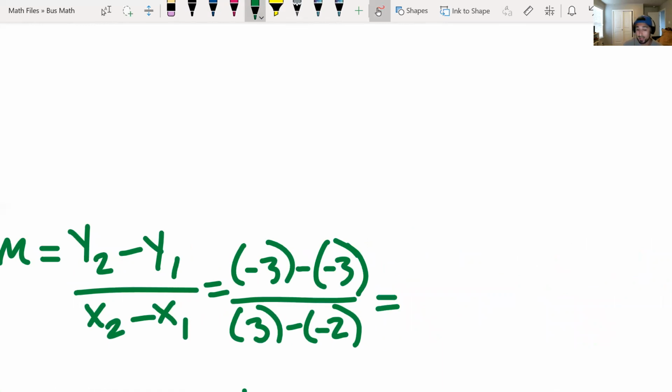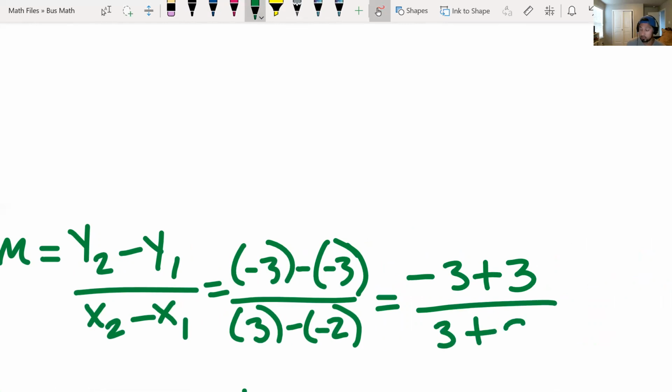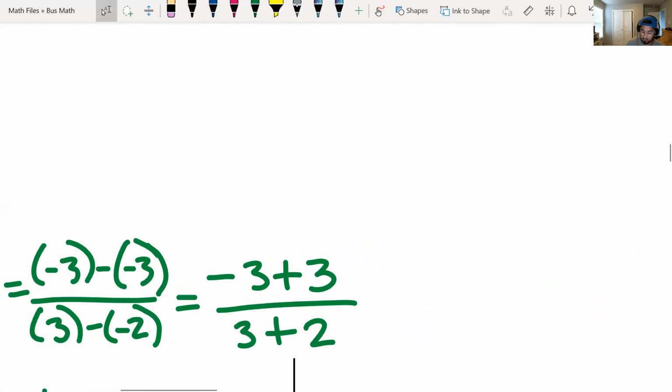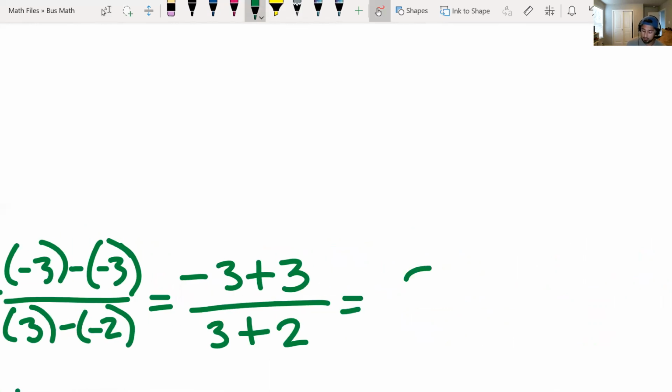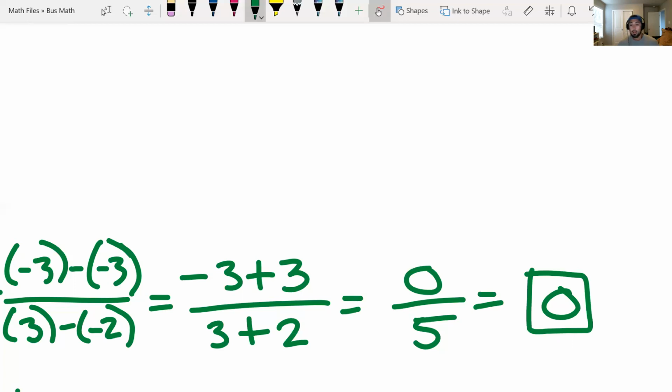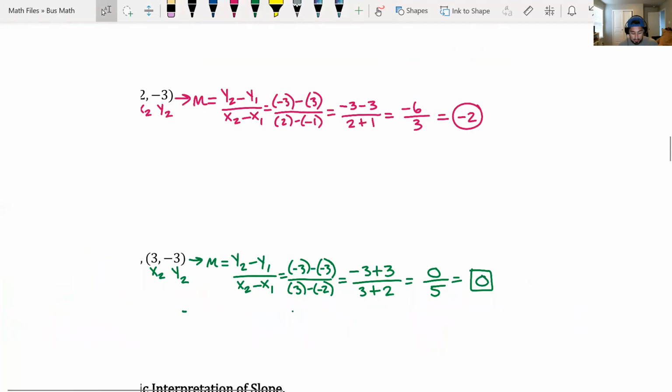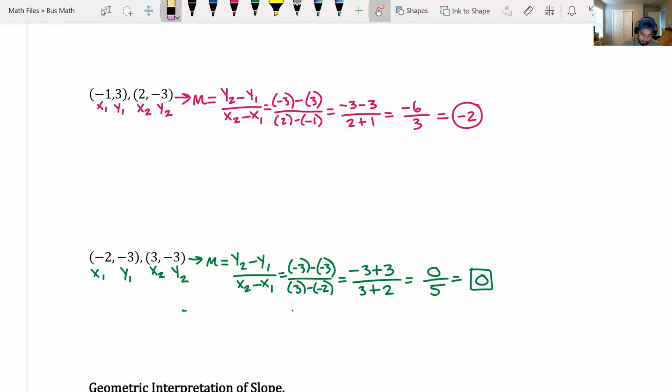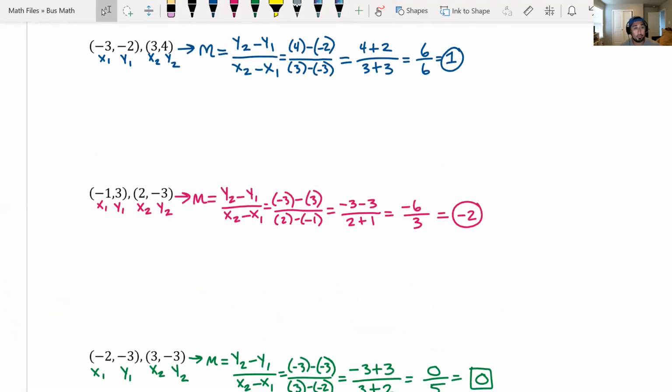All right, so what we end up with is -3 plus 3 over 3 plus 2. We get 0 over 5, which happens to be 0. All right, excellent. So that is how you find the slope between 2 points. So if you're ever given 2 points, you know you can find the slope between them.